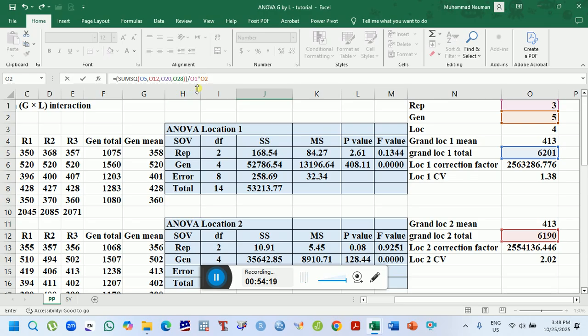Rep and genotype will be in the denominator. It will divide this whole term. Put replication and genotype in one bracket, and again I will put this whole term in one bracket in order to subtract it from the correction factor.